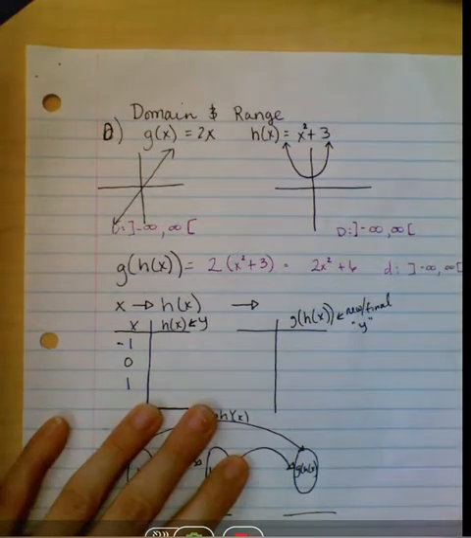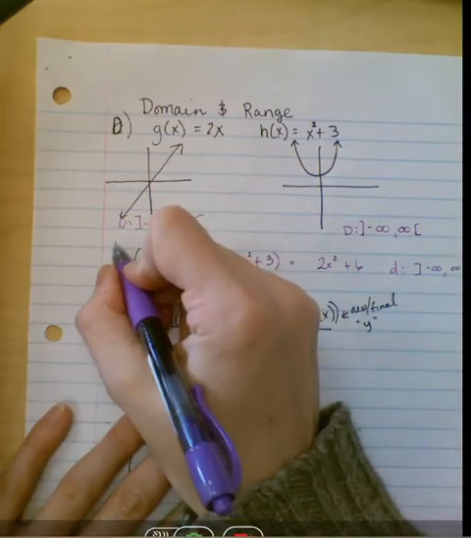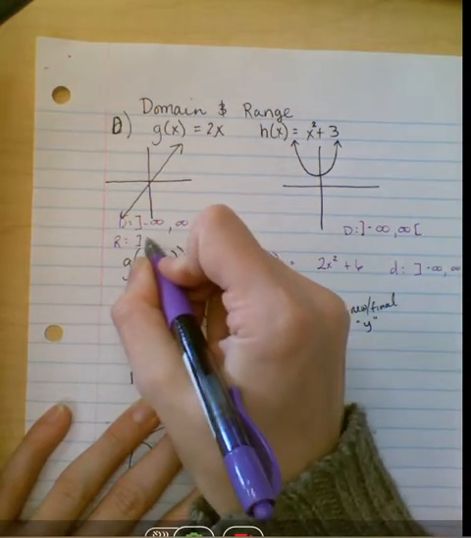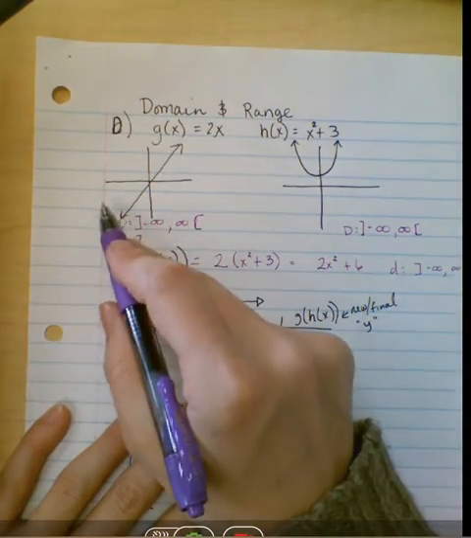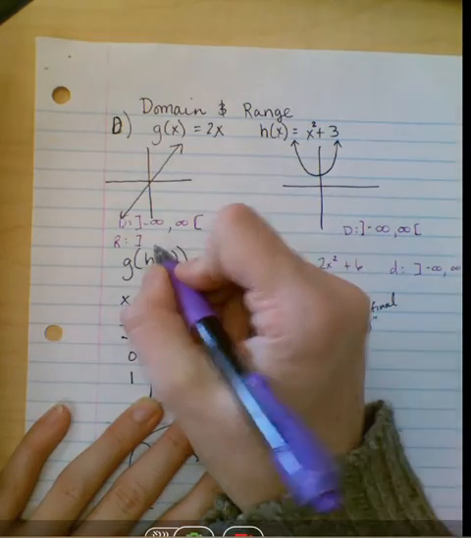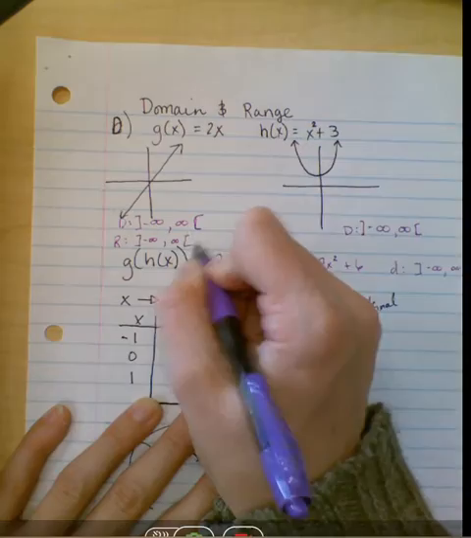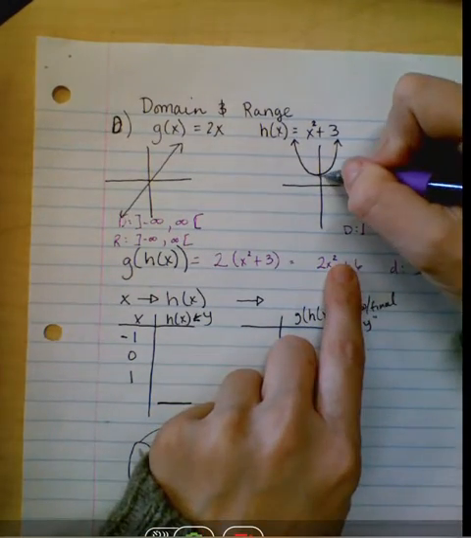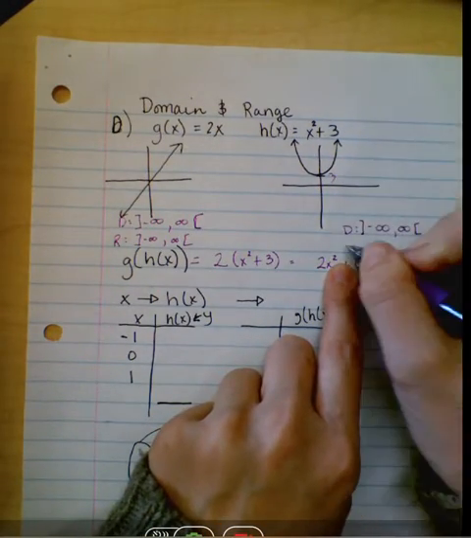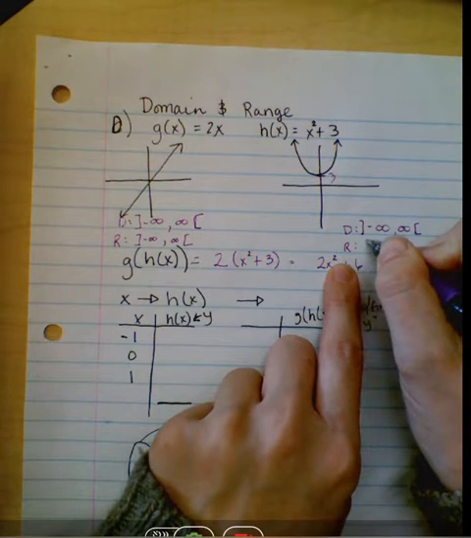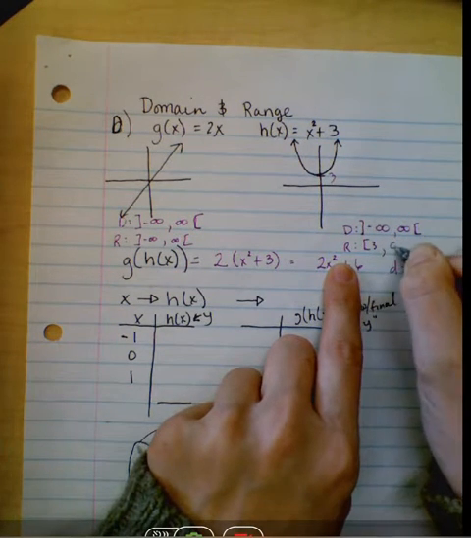But there might be something different with our range. So here our range, any linear function that's nice and got a slope and a y-intercept, is going to look like this. Now here our range starts at our y-intercept of 3. So our range goes from 3 included up to positive infinity.